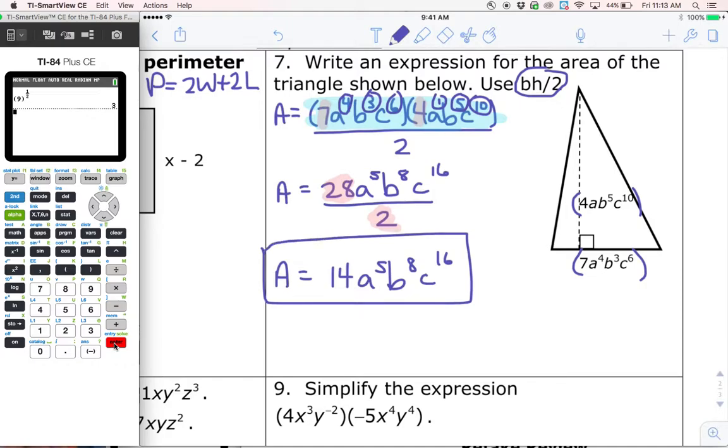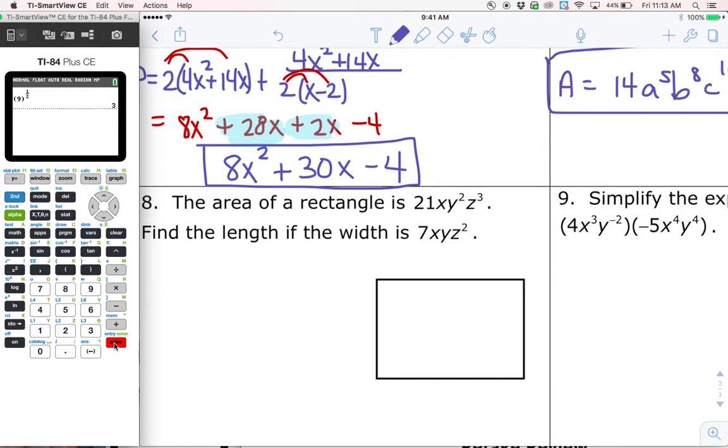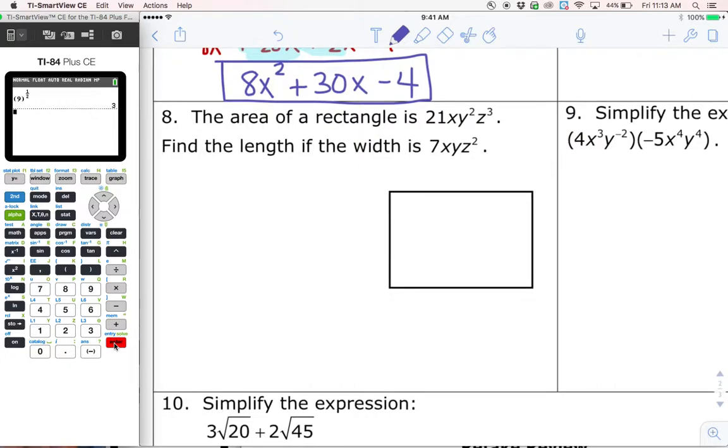Okay, problem 8. Problem 8 is another area problem. However, we've been given the area. So this 21 thing is my actual area. I'm going to label it in my box. So 21x y squared z to the power of 3. It says find the length if the width is 7x y z squared.